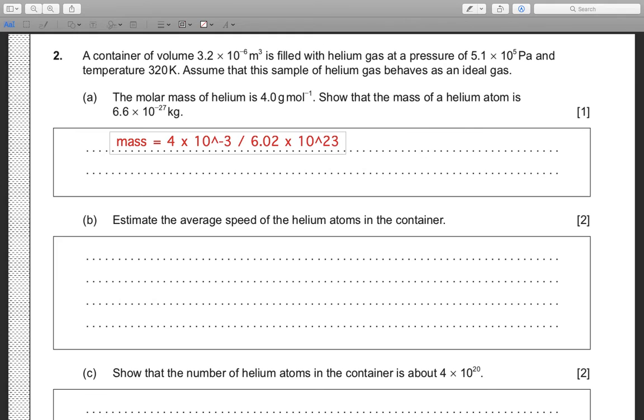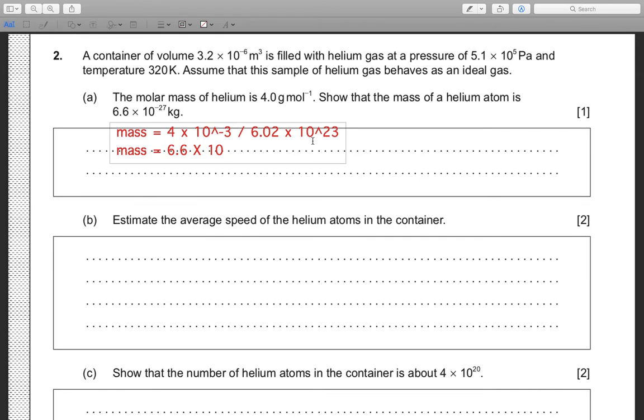Actually we have mass equals 4 divided by 6.02, around 6.6, times 10, because this is minus 3 and this is power 23.